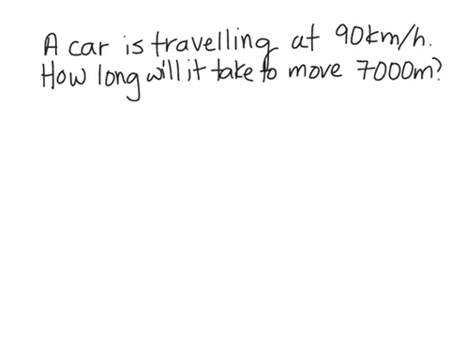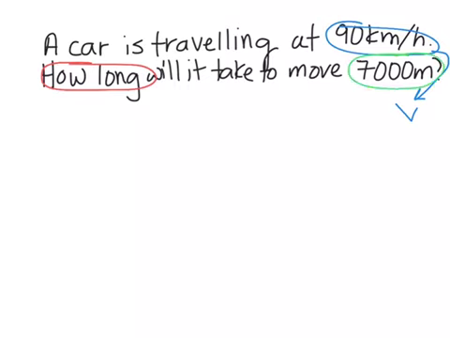Okay, so here you'll notice that we're still asked how long, so that's going to tell us we're looking for time. We have our speed, so the 90 kilometers an hour is our speed, and we have our distance of 7,000 meters. So we know that we're going to deal with time is distance over speed.